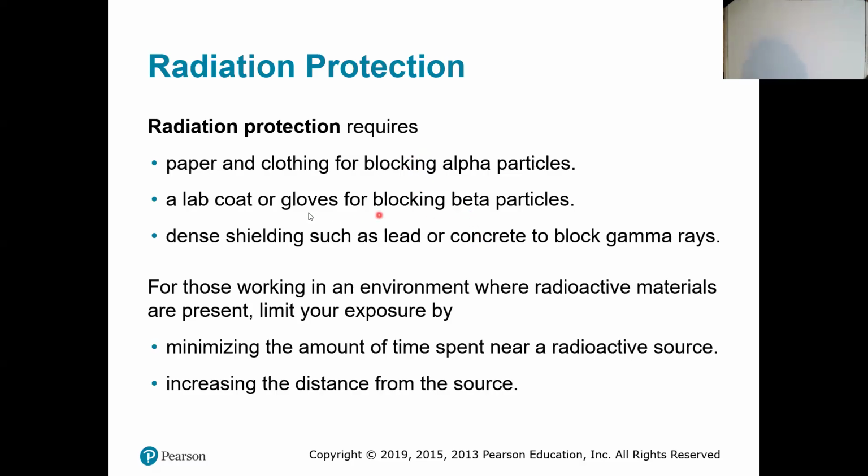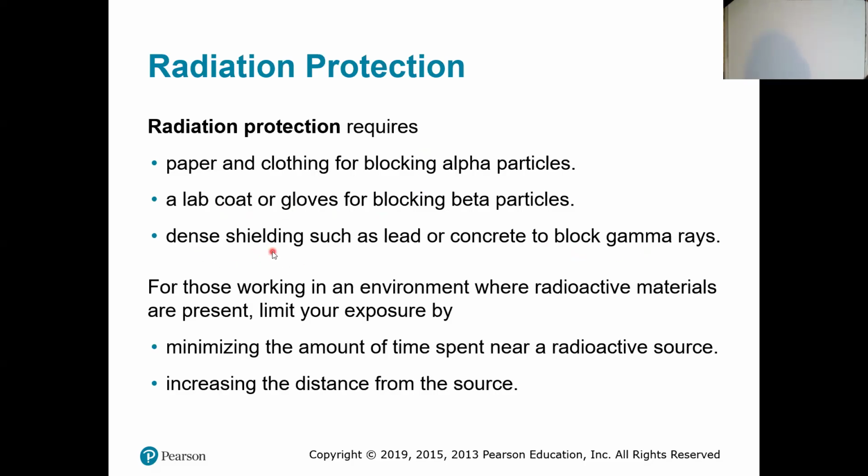For beta particles, you need a little more protection, but you still don't have to do anything super dramatic. You can have a kind of thick lab coat and some gloves, and that would be enough to block your beta particles. For gamma rays, this is when you're going to need super dense shielding.